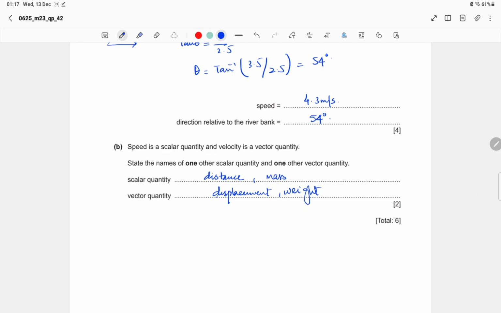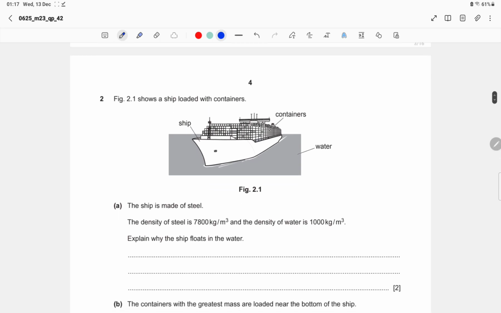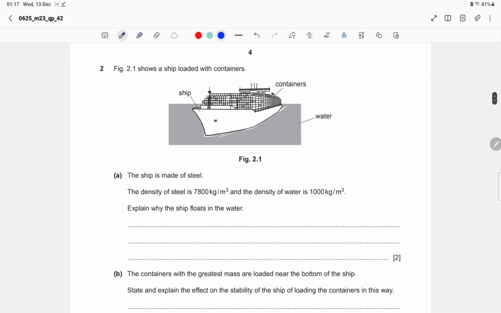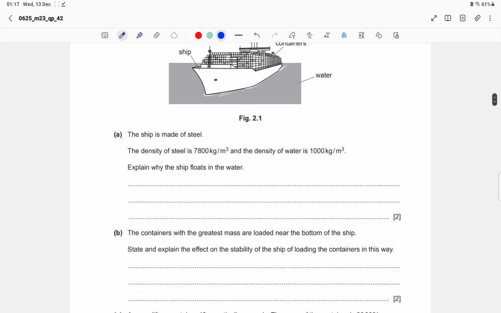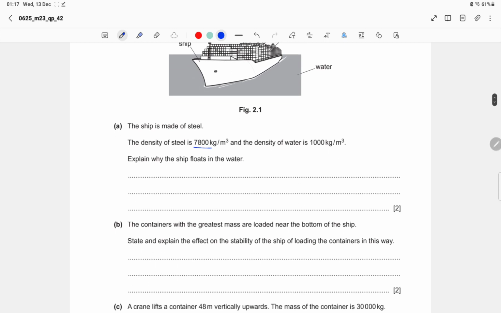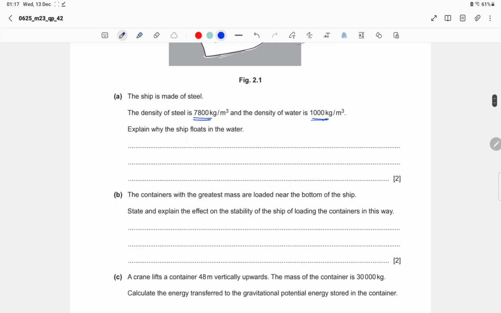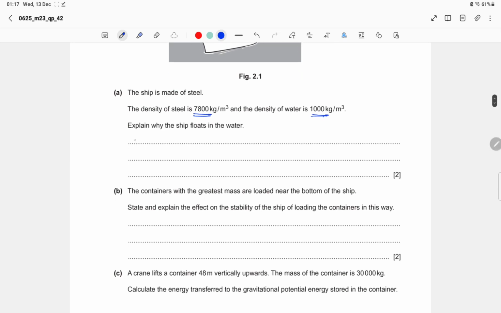Moving to the next question, it says that figure 2.1 shows a ship loaded with containers, and the ship is made up of steel. The density of the steel is this, and the density of water is this. Explain why the ship floats in the water. Because the ship has air pockets and air spaces, it is not solid steel.